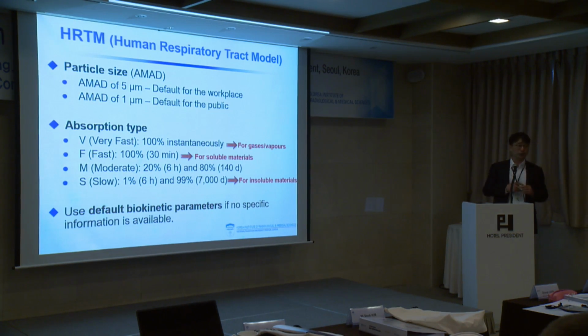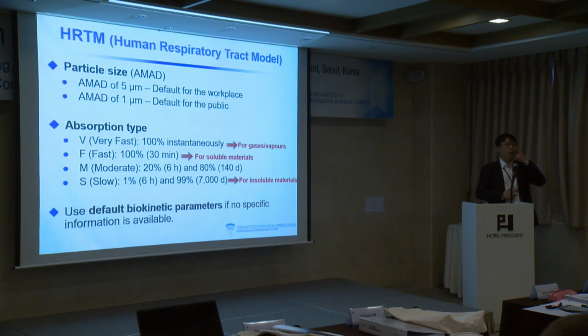And last one is slow. Slow type means that a fraction of the material will be transferred into the blood with a 6-hour half-time, and the others transferred into the blood with a 7,000 days half-time. So slow type can be applied for insoluble type material. So by considering the type of the compounds of the involved radionuclides, we have to choose the proper absorption type.